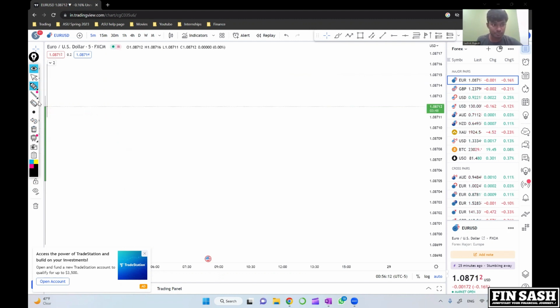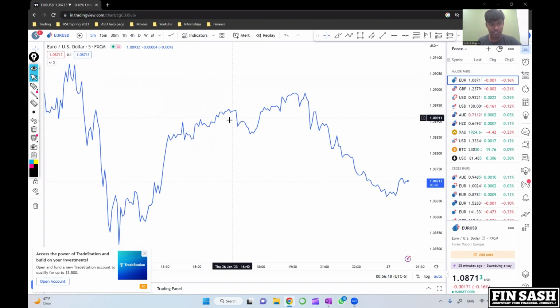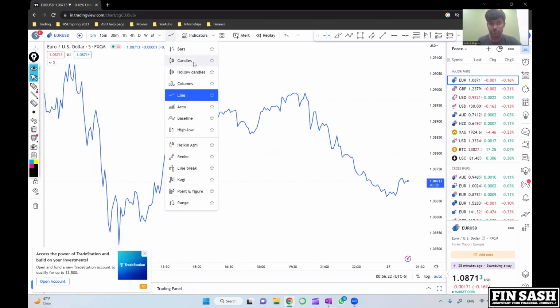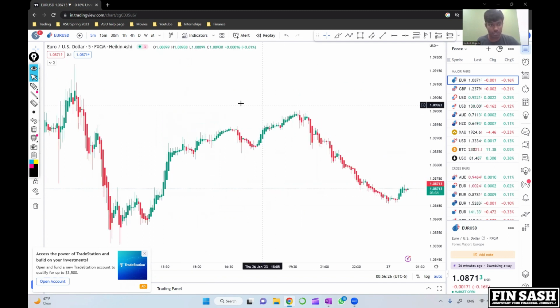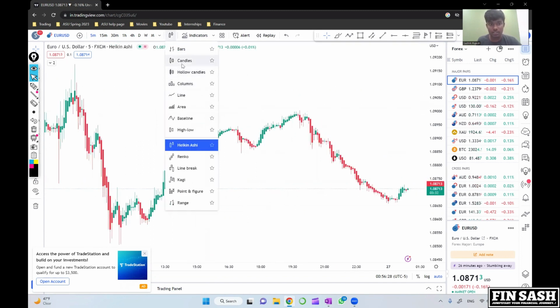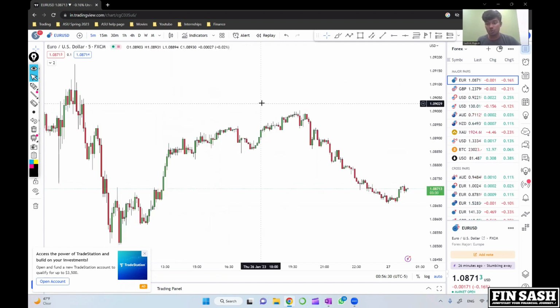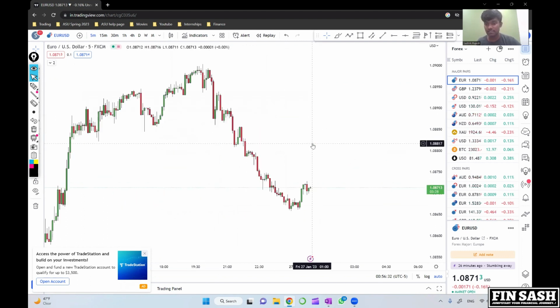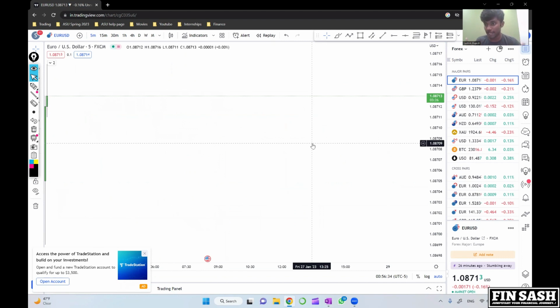You would have seen multiple charts, for example the line chart, which looks somewhat like this, or this chart. So there are different charts. What's the significance of candlesticks, or why do we use candlesticks?